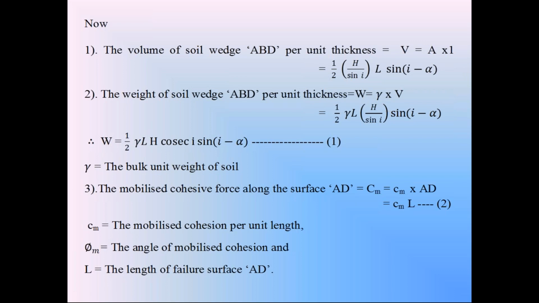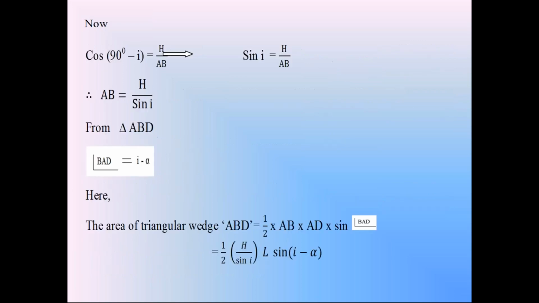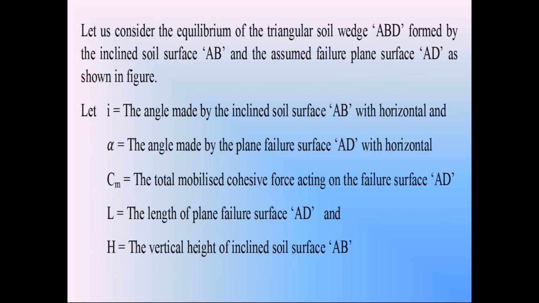We know that 1 by sin i is equal to cosecant i. So the weight of the soil wedge W is equal to half into gamma into the length of surface AD into height h into cosecant i into sin(i minus alpha). That is the weight of the soil wedge ABD in Culmann's analysis.